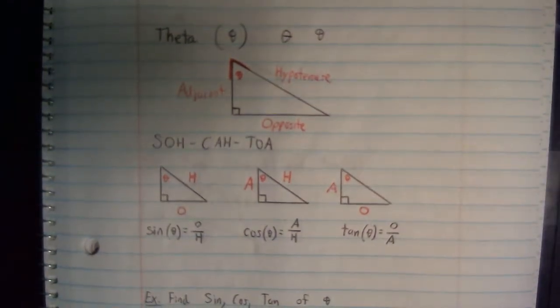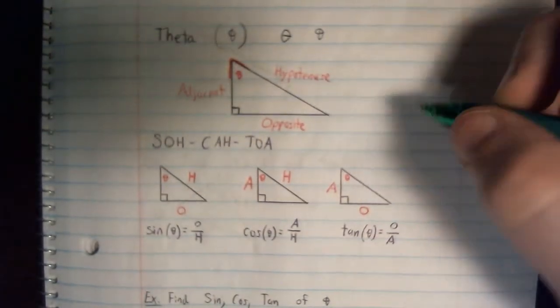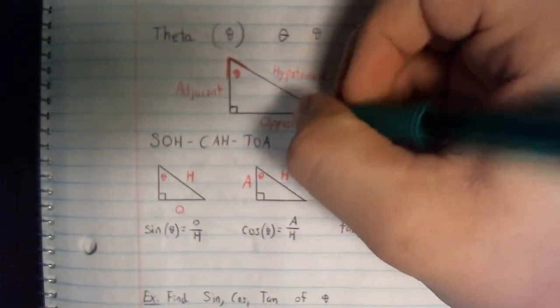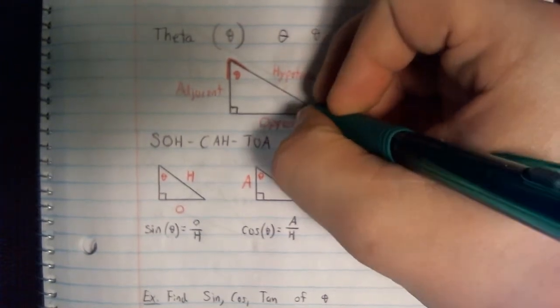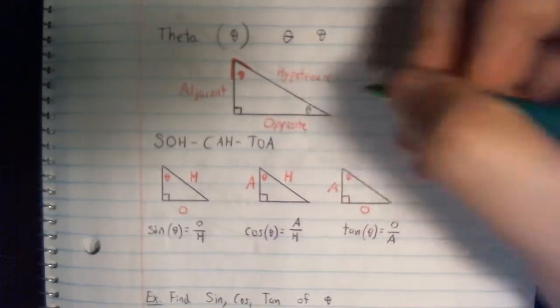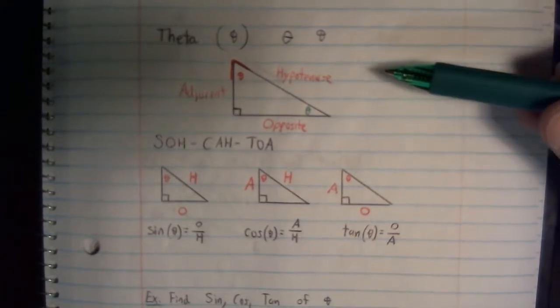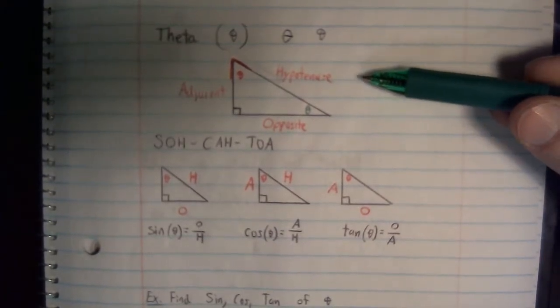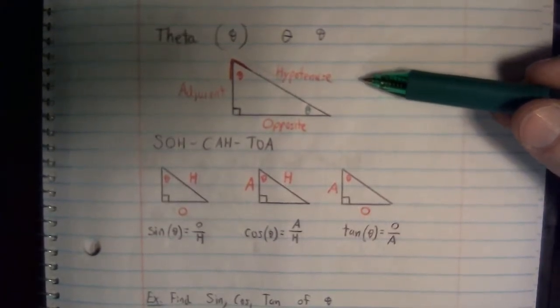Now, let's be perfectly clear. If we were to have a different angle, if we were talking about this other angle, I'm going to put theta over here in a different color just so that we can see. Now we're talking about green theta. Our hypotenuse is not going to change. Remember, hypotenuse is always across from the 90.